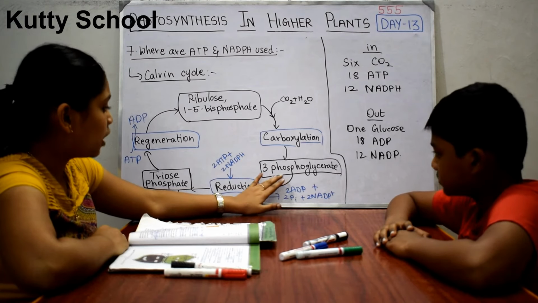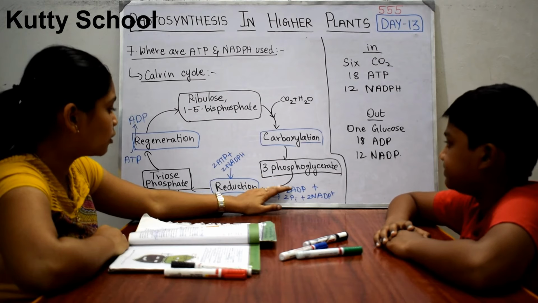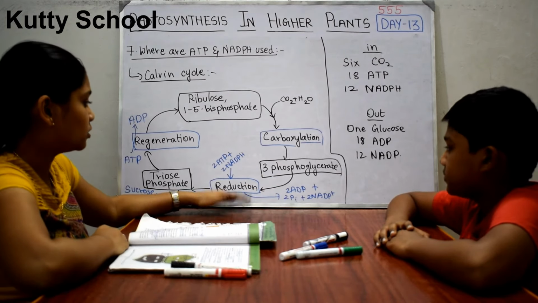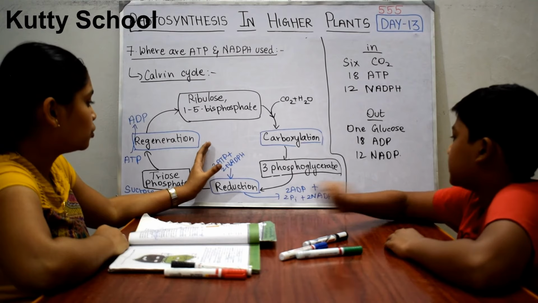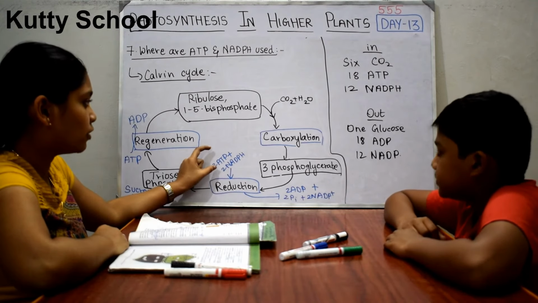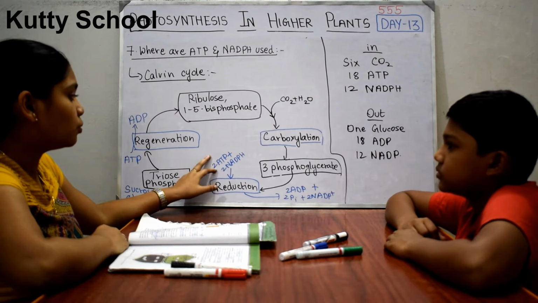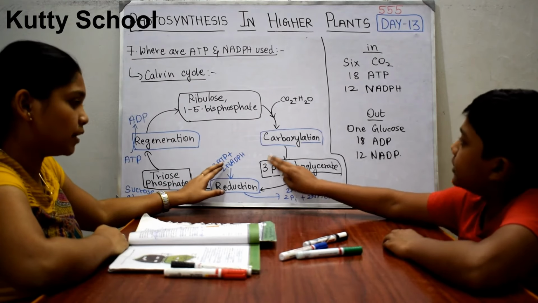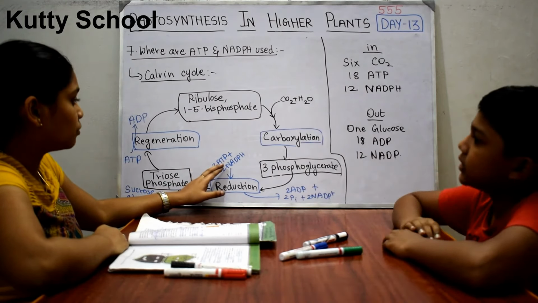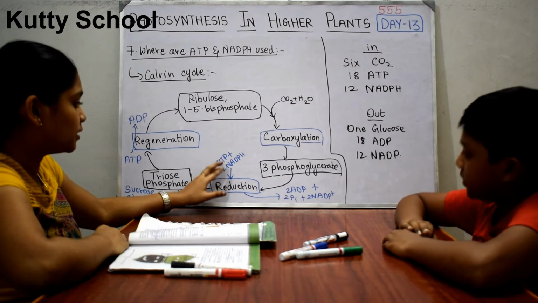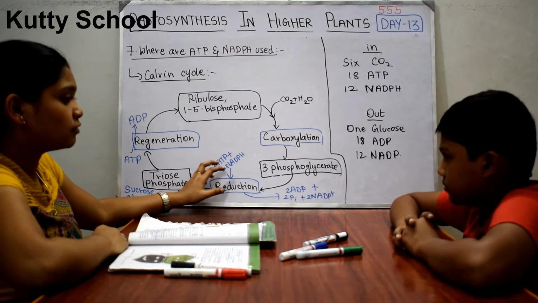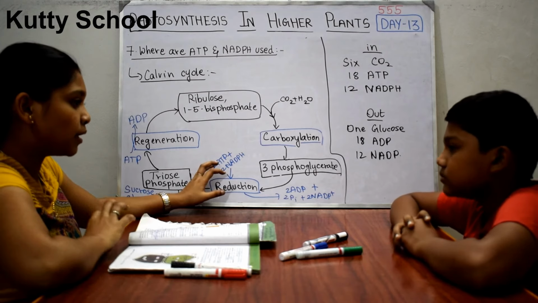After obtaining this, it undergoes reduction. Reduction is the use of ATP and NADPH: 2 ATP and 2 NADPH for 1 carbon. Where are ATP and NADPH used?